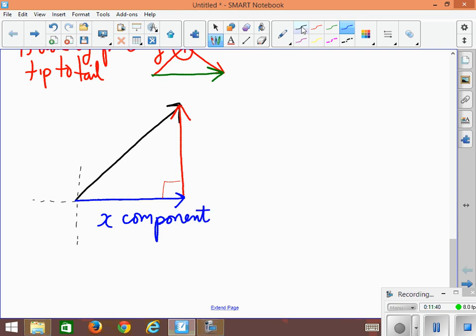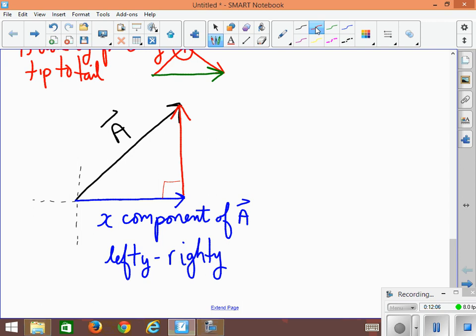And if we give our vector a letter name, let's just say it's vector A, give it a little vector hat. Vector A. So this is the x component of vector A. I like to think of it as the lefty-rightiness of this vector. It's a measure of how much of this vector is lefty-righty, or back and forth.